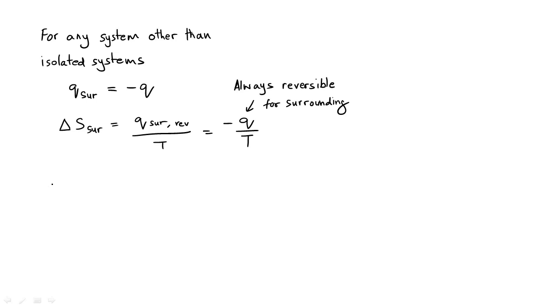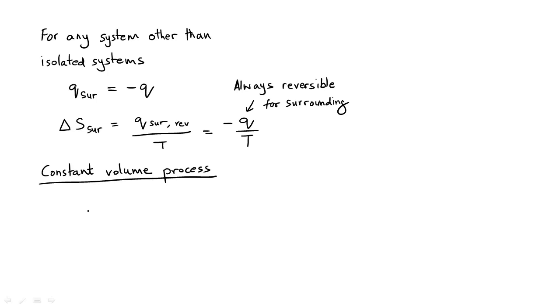Now let us consider the first of the two realistic situations I mentioned in the previous slide, and that is a constant volume process. The actual situation you can imagine is a reaction happening in a closed chamber with a fixed volume.